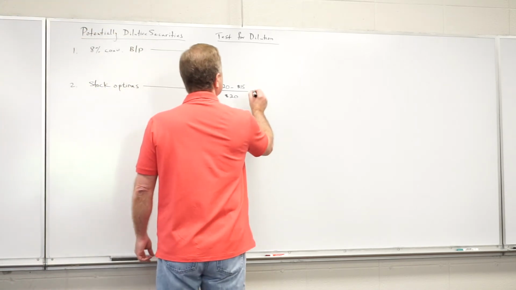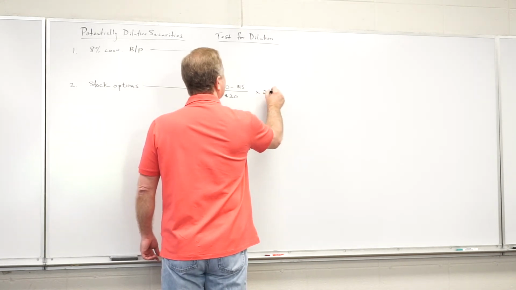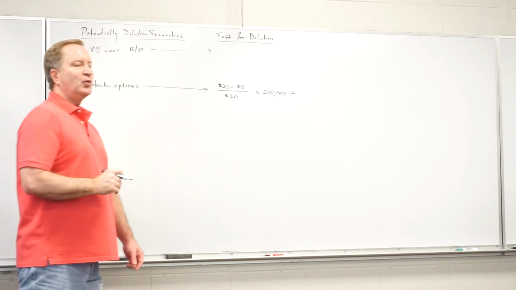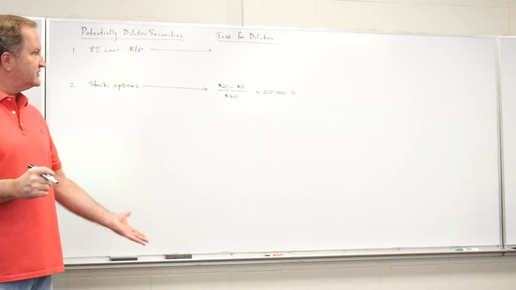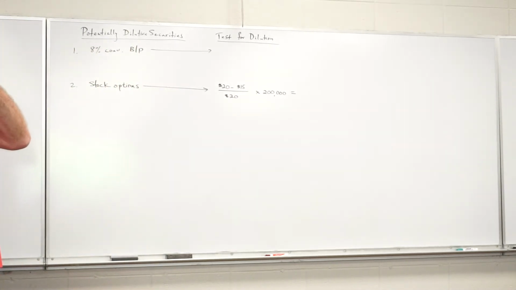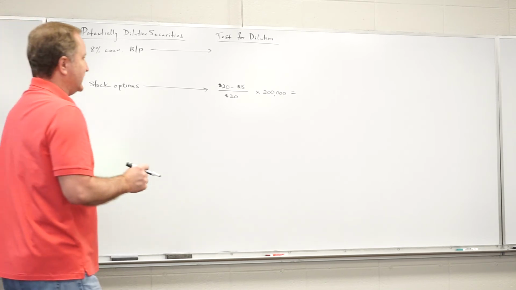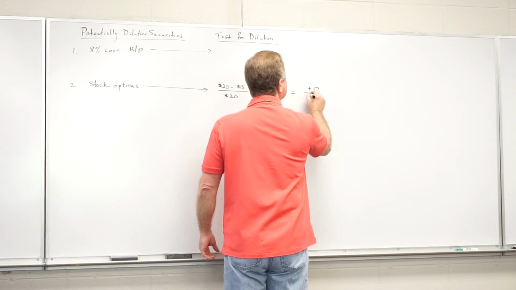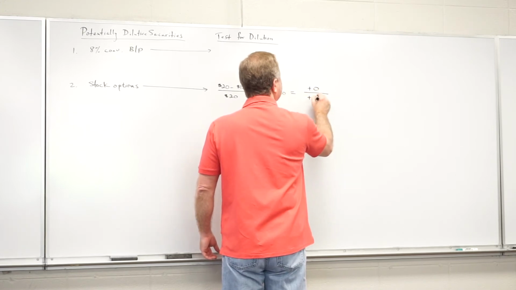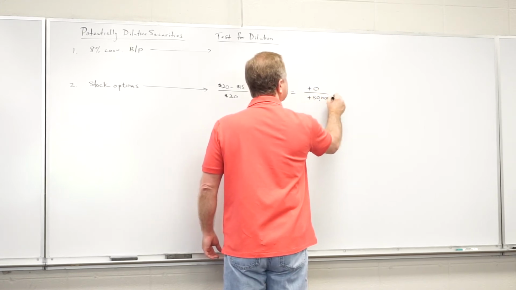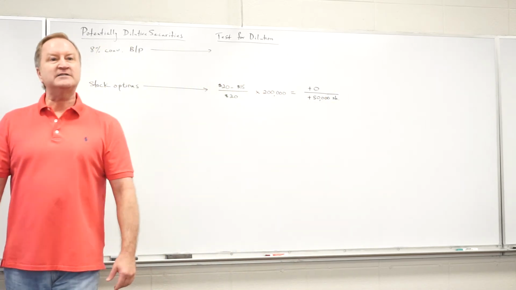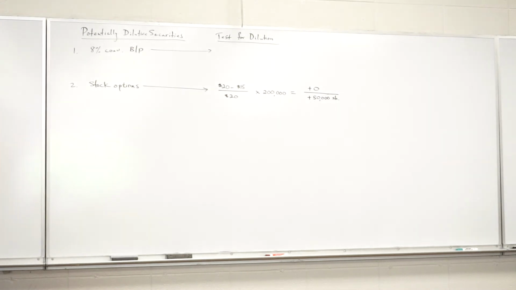Then you multiply this times the number of options outstanding. So 20 minus 15 is $5, divided by 20 is 1/4, times 200,000 is 50,000. So the numerator will be plus 0. The denominator is plus 50,000 shares of stock. That's my dilution test. Are you with me?